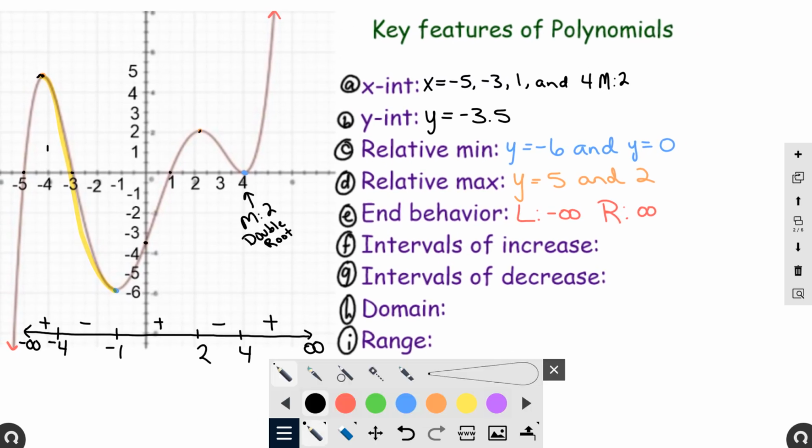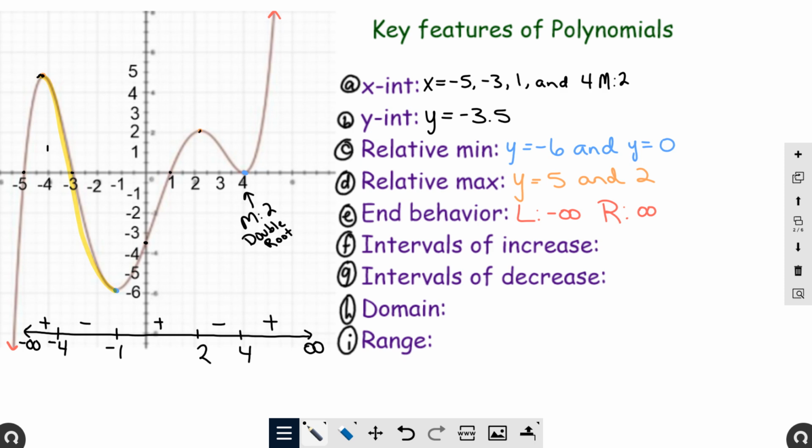Okay. Now we have to just say all of those intervals. Now, to say those intervals, pick them out like segments. It's increasing between these two, so between negative infinity and -4. So you write that as like a coordinate, negative infinity, -4. That is called interval notation.